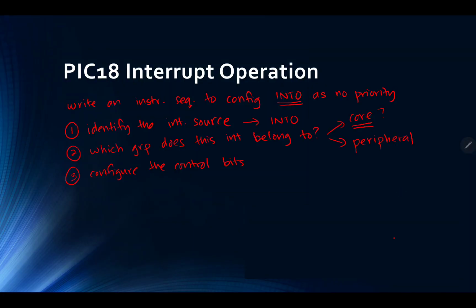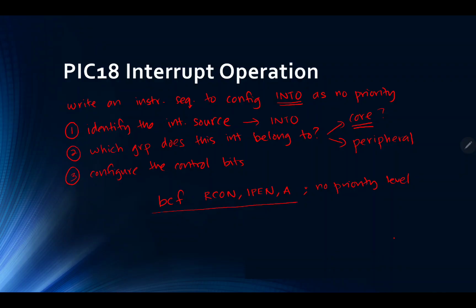So because no priority level, we're going to use BCF RCON, IPEN. This will make it no priority level. This is always the first step.